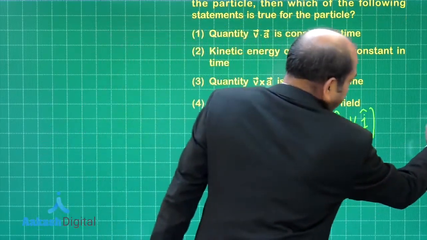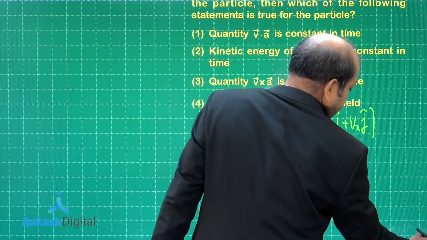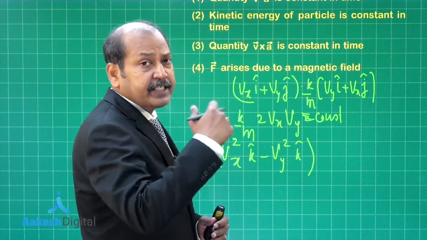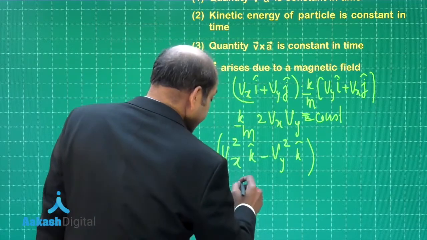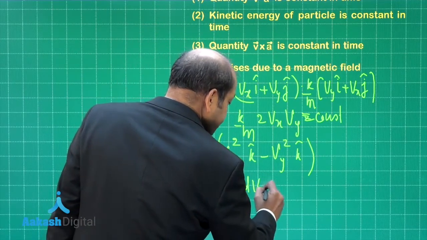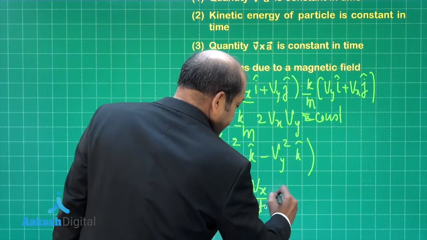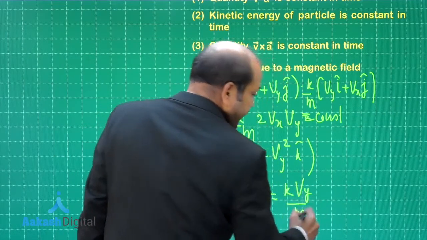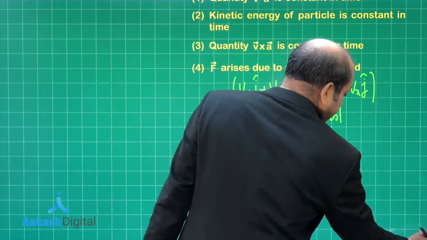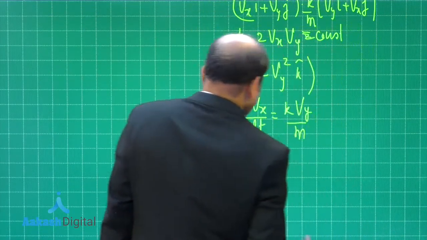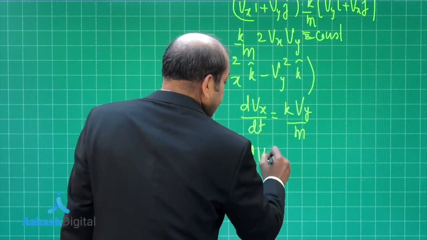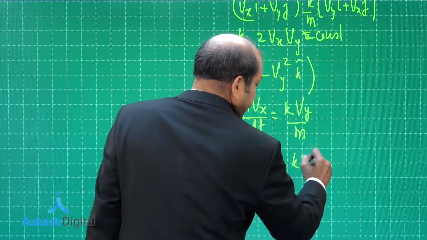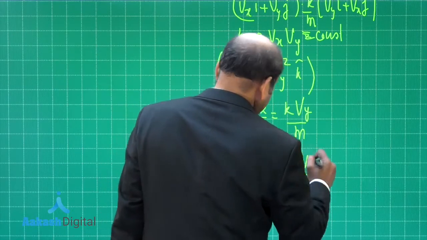Now, according to the question, the x component of acceleration would be k Vy divided by m. That means we can write dVx by dt is equal to k Vy divided by m, and similarly the y component of acceleration, which is dVy divided by dt, is given as k Vx divided by m.